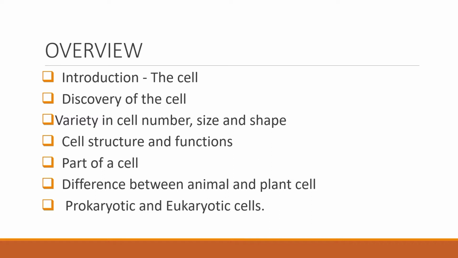These are the different topics we will cover in the entire video section, whether it is part 1, part 2 or part 3. In today's video, we will only discuss three topics: introduction, discovery of the cell, and varieties in cells, numbers, size and shape. One more topic will be added: we will study slight details about the amoeba.